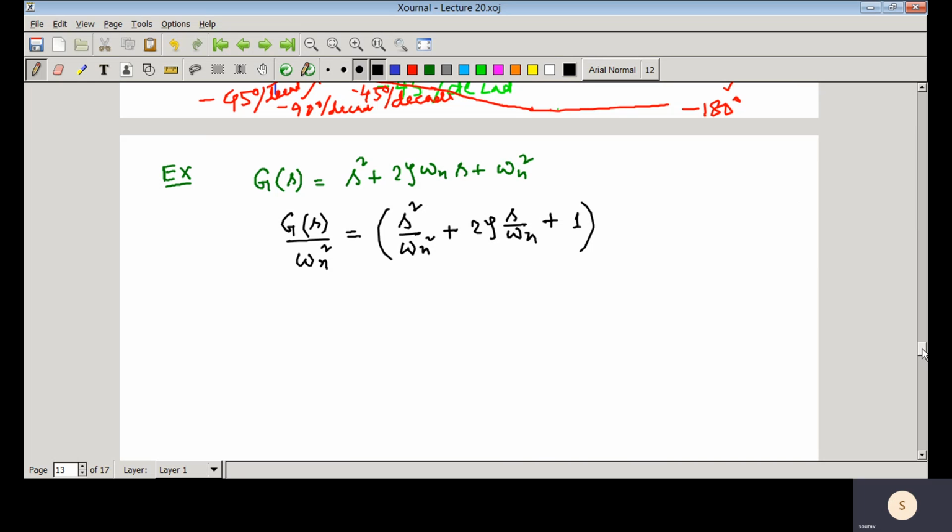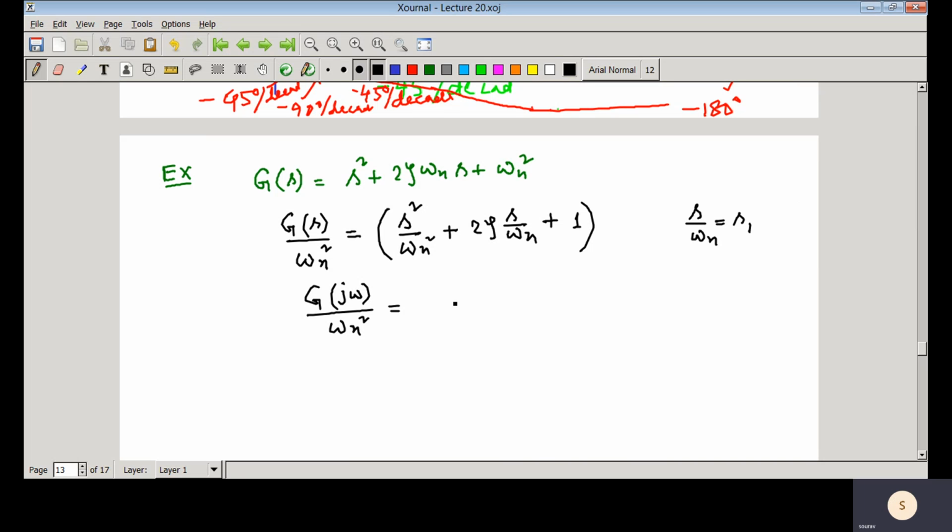Now if we represent s by omega n as s1, then we have G(j omega) by omega n squared.